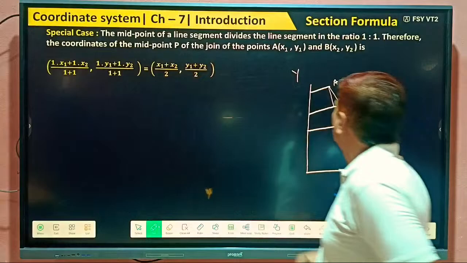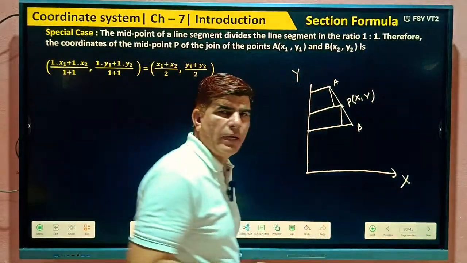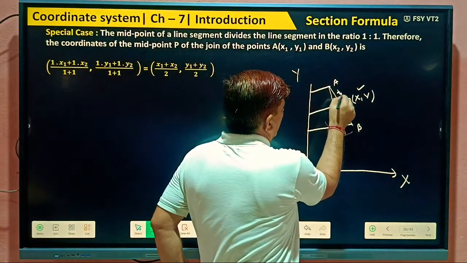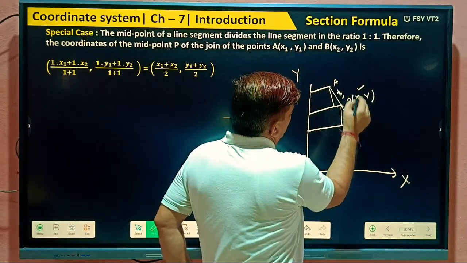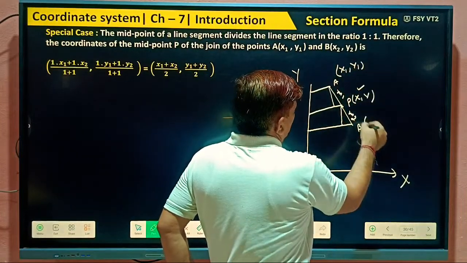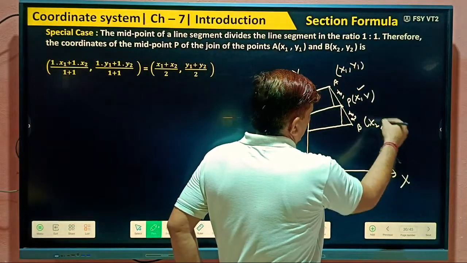Again find out these values. This is m1, this is m2. Its coordinates are x1, y1, x2, y2.